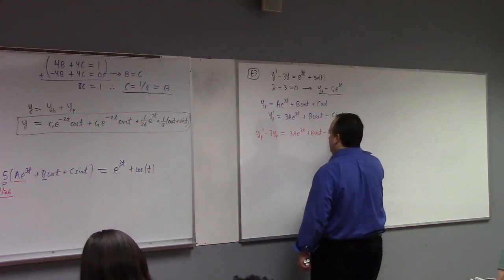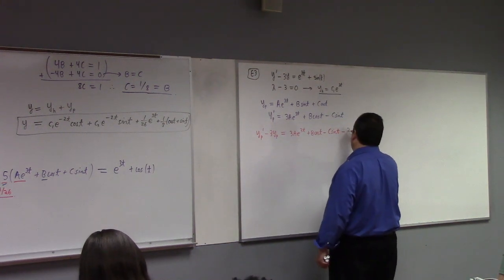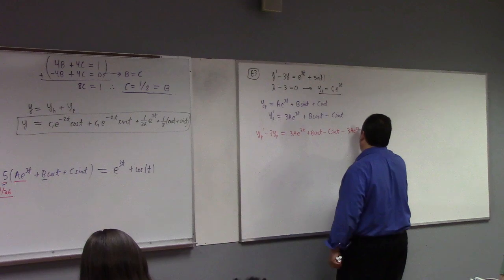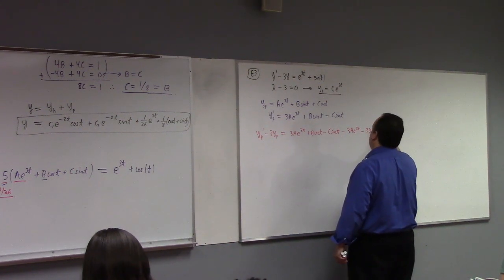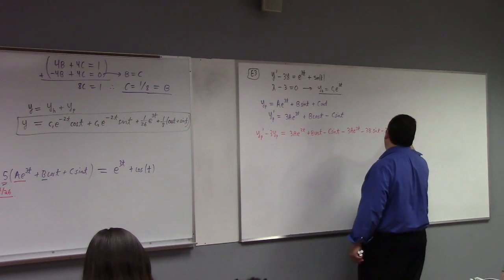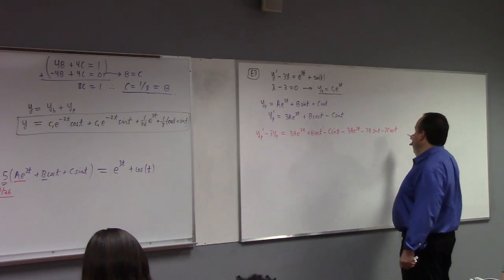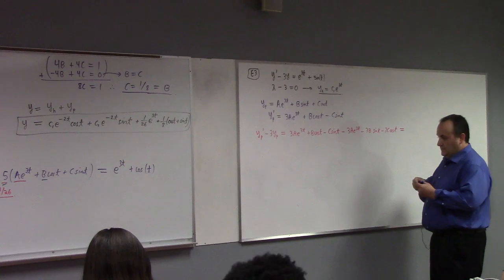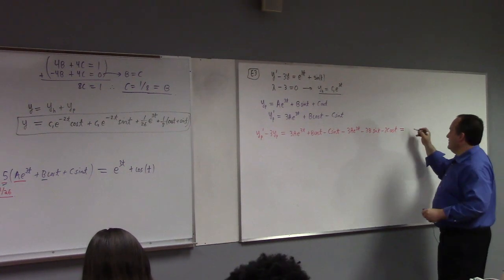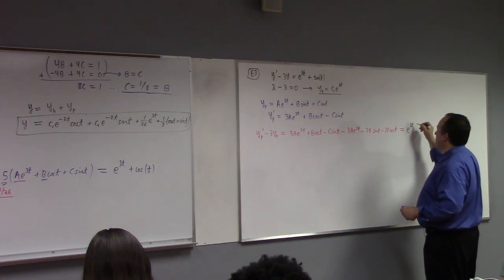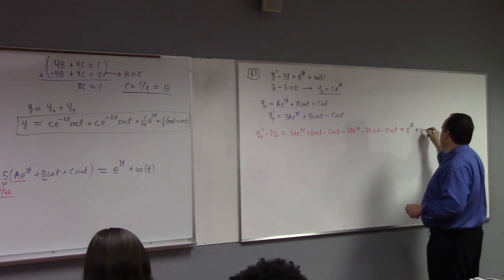That's my yp prime. And then minus 3yp, so minus 3a e to the 3t minus 3b sine t minus 3c cos t. All of that is equal to what? It's all equal to e to the 3t plus sine t, right?